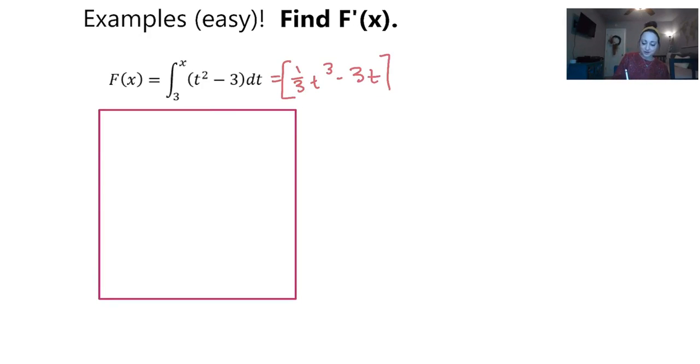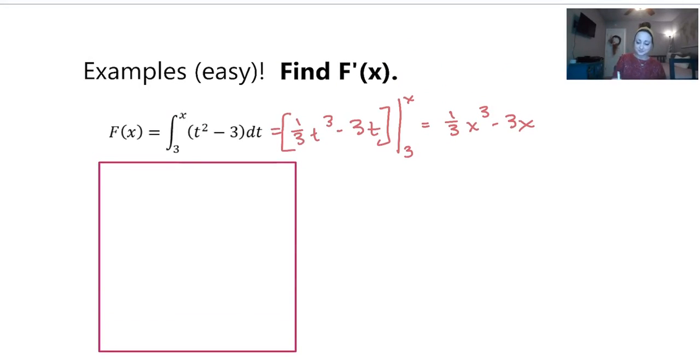And I want to evaluate all of that at x and then 3. That's my b and my a respectively, okay? So when I plug in x, I get 1/3 x cubed minus 3x, right? Just plugging in x for t. And then minus, and now I want to plug in 3, and I'm just going to leave it unsimplified. So 1/3 3 cubed minus 3 times 3.